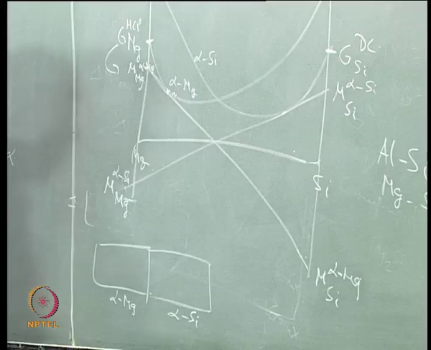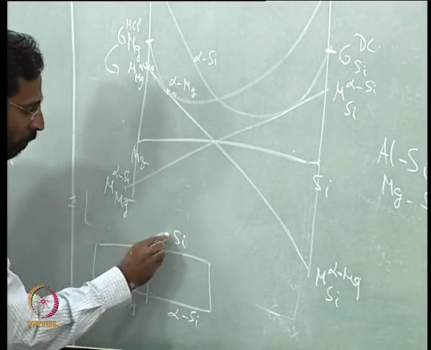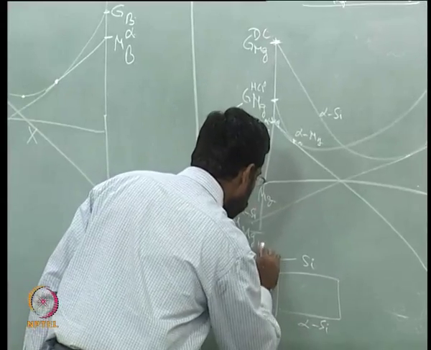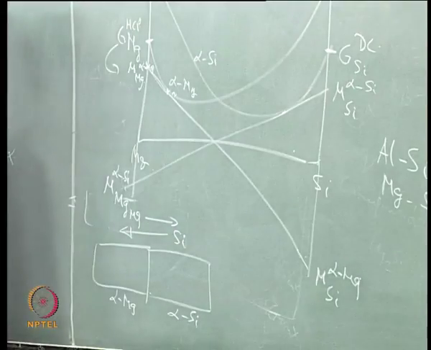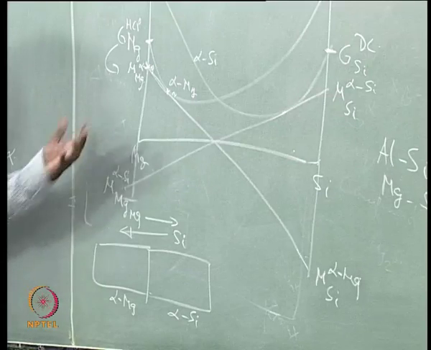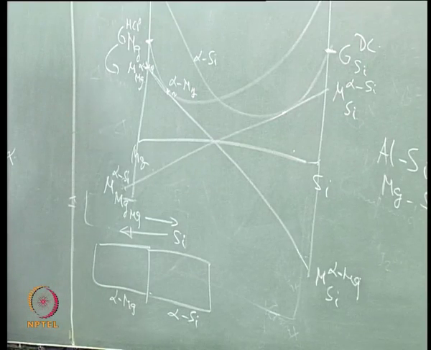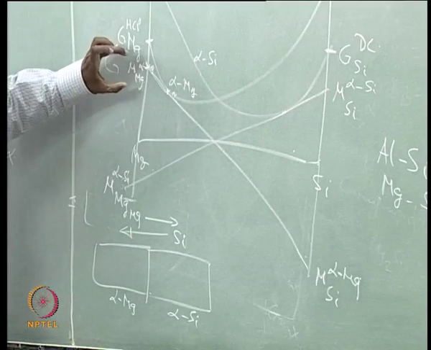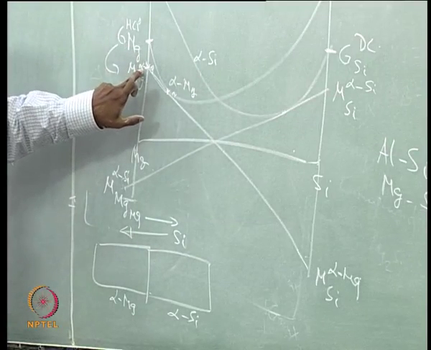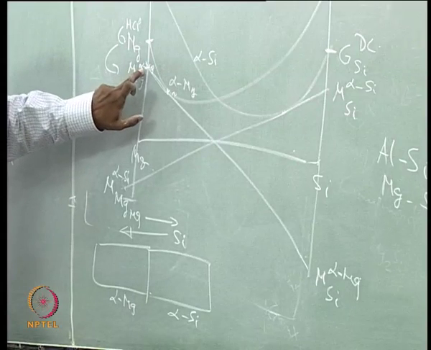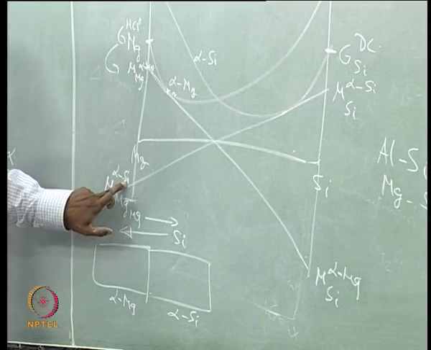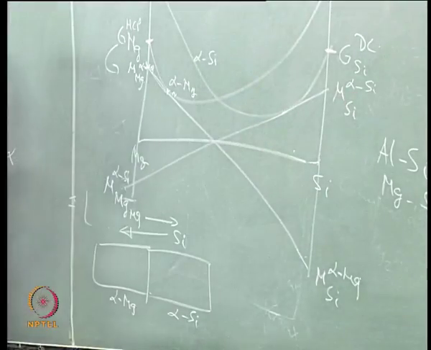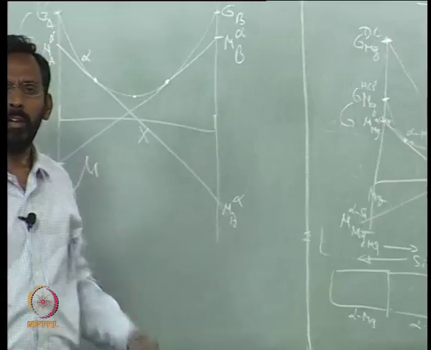As a result, silicon atoms will diffuse in this direction, magnesium atoms will diffuse in this direction, because you have a higher activity there. For a given element, because the activity in alpha magnesium is higher, this element moves from the alpha magnesium side to the alpha silicon side. Similarly, silicon moves from the alpha silicon side to the alpha magnesium side, and in the process what happens?